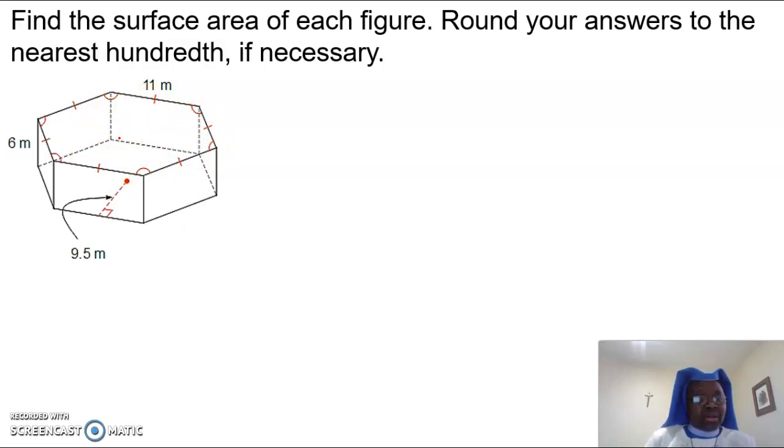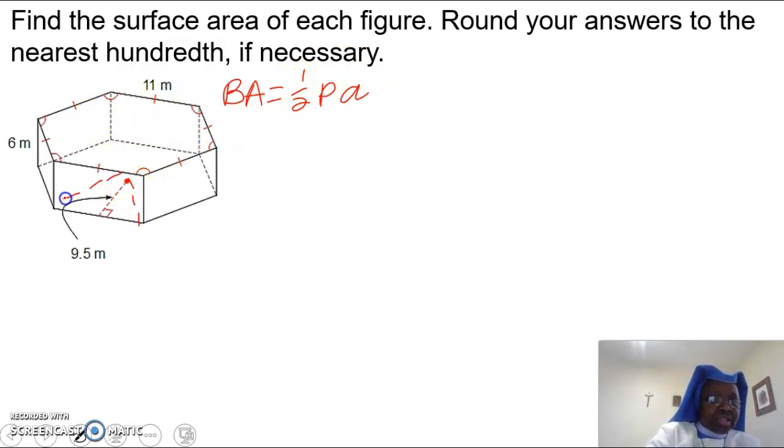We have already learned how to find the area of a regular polygon, which will be the base area for this prism. It's one half of the perimeter times the apothem. We can break this down into triangles, find the area of one triangle, and multiply by how many triangles there are.